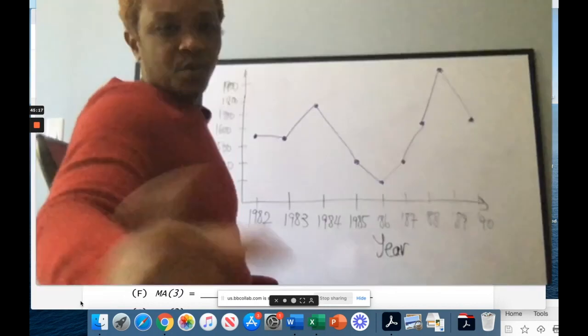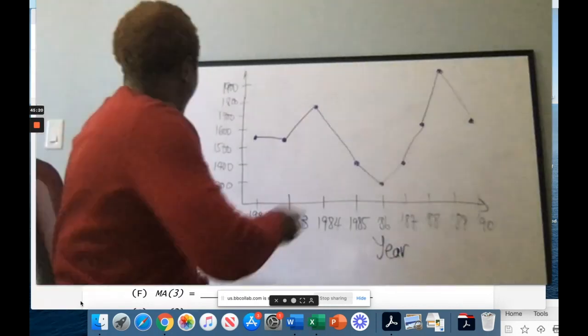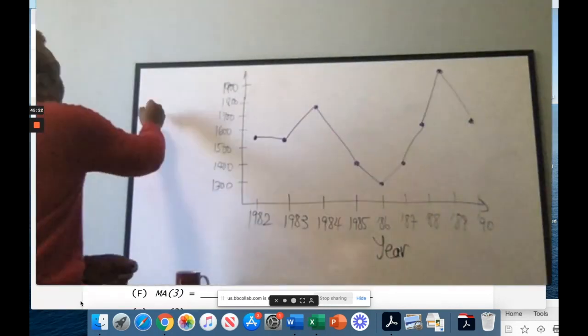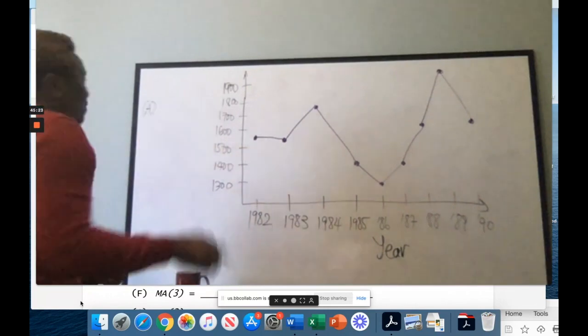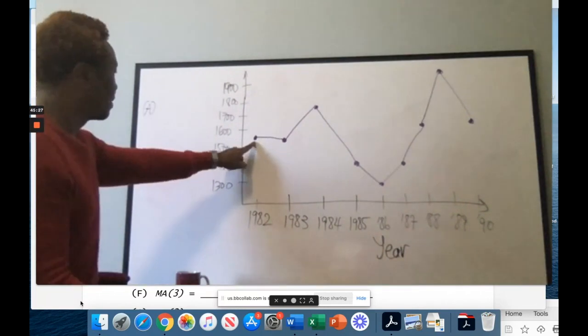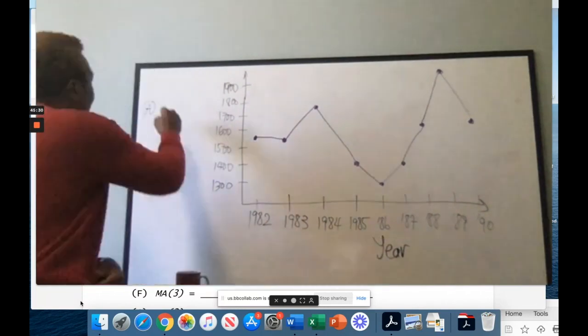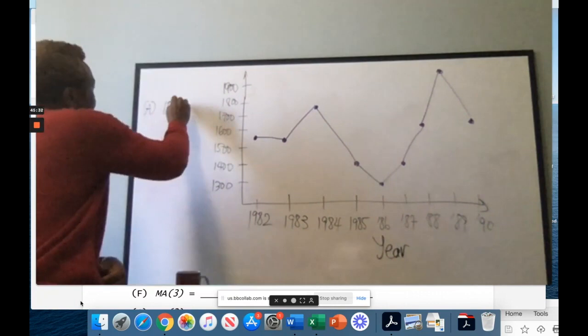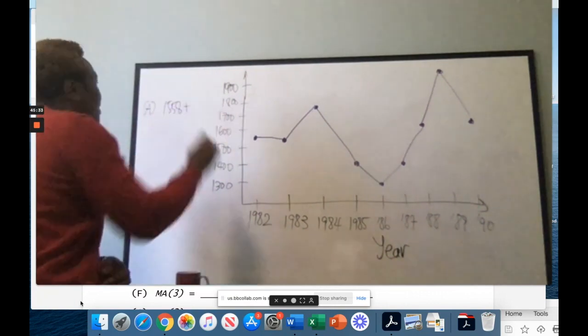So on your paper where it says A, you're going to write this. What's that first point? 1558? What are the first 3 points? 1558. What's this one?